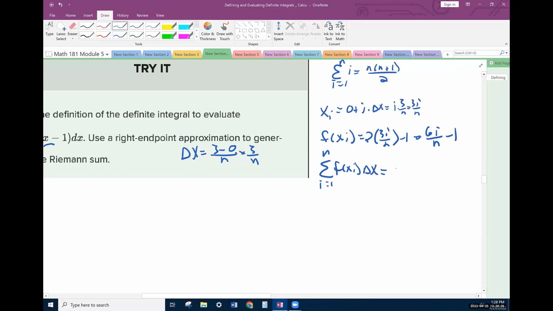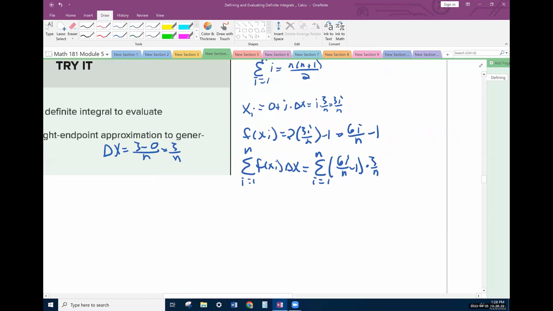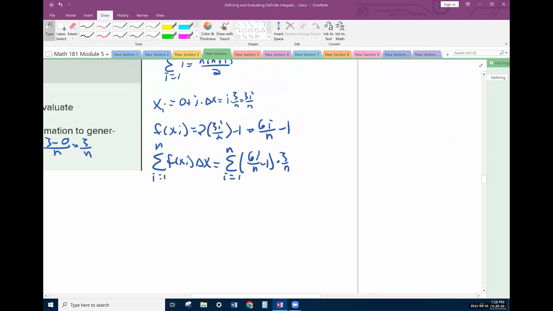So we put this together. The sum as i goes from 1 to n of f of xi delta x is going to be the sum as i goes from 1 to n of 6i over n minus 1 times the delta x, which is 3 over n. So let's split this up a little bit.